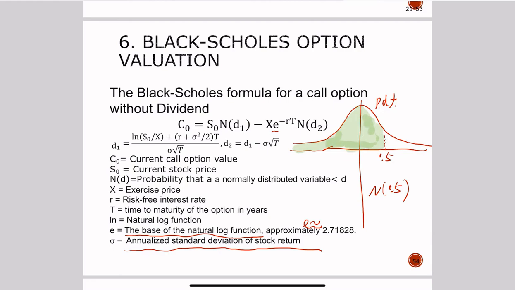So the area of this green shaded area gives you the probability.